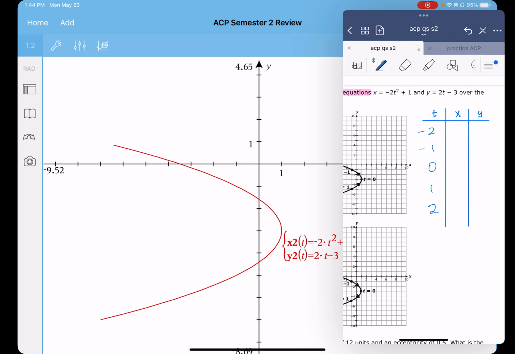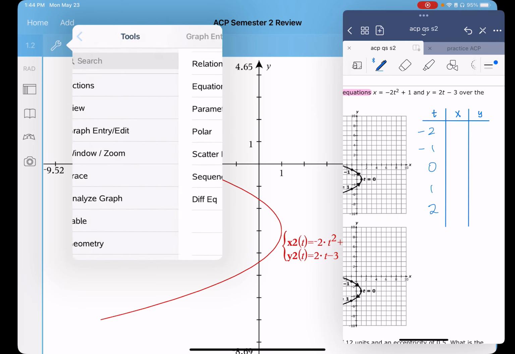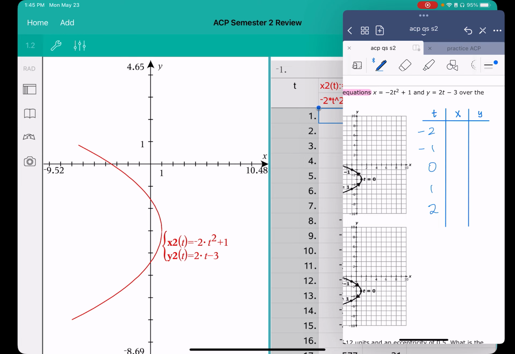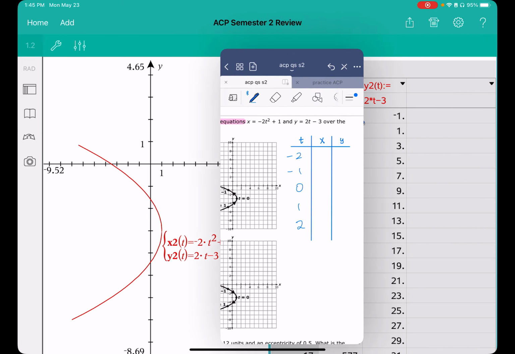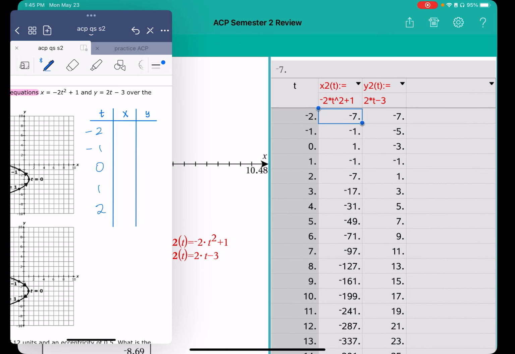So on your calculator, you're going to go to menu, and then you're going to go to table, and then split screen table, or you can do Control T, and then that will also give you the table. So you're going to scroll up until you see that t is negative 2, and then you can write down those coordinate points for the x and the y column.